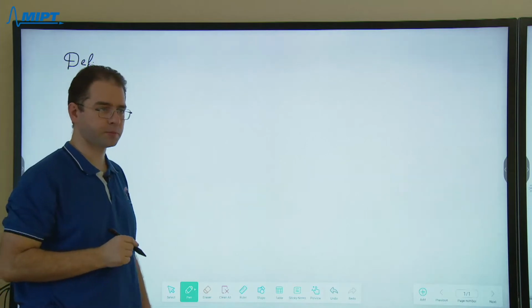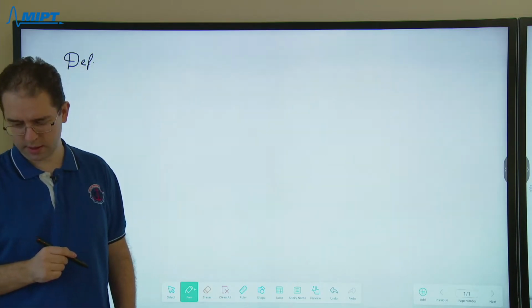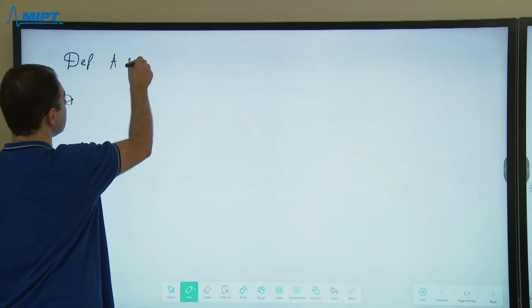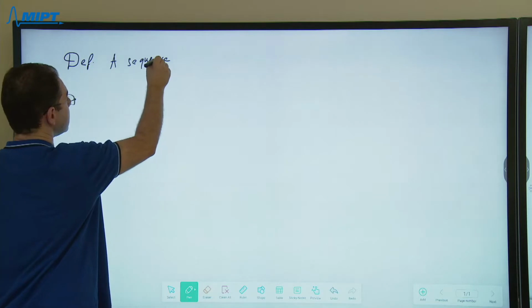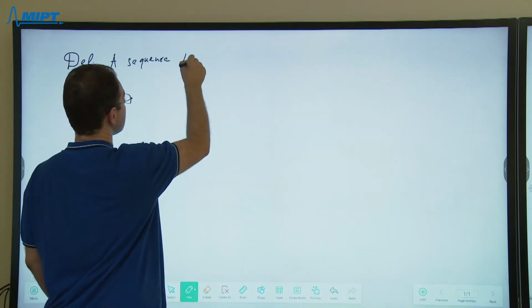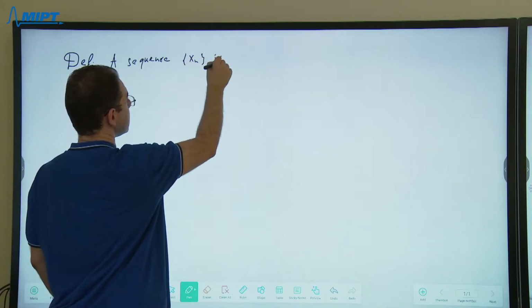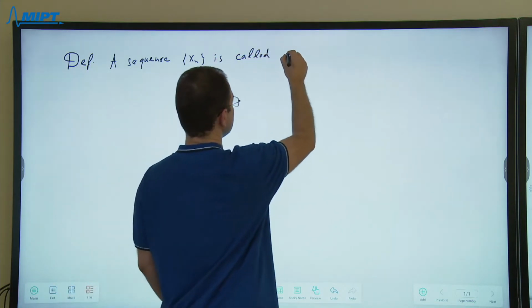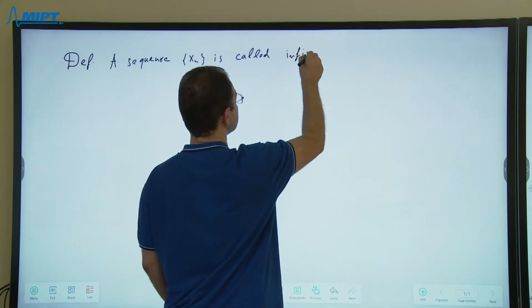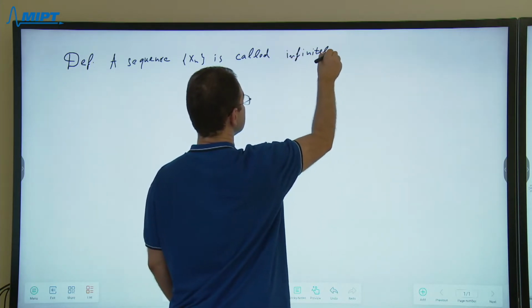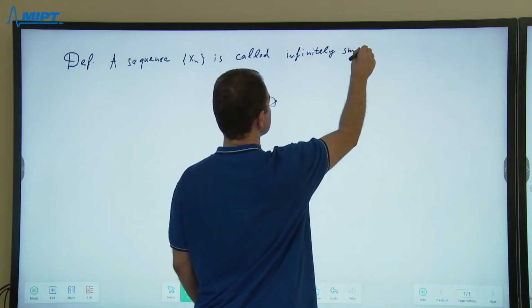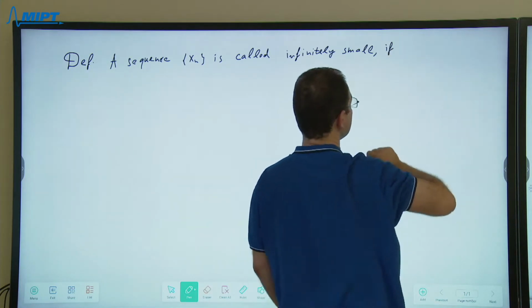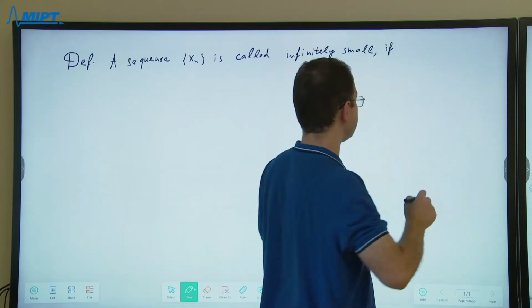Definition. A sequence xn is called infinitely small if its limit is 0.